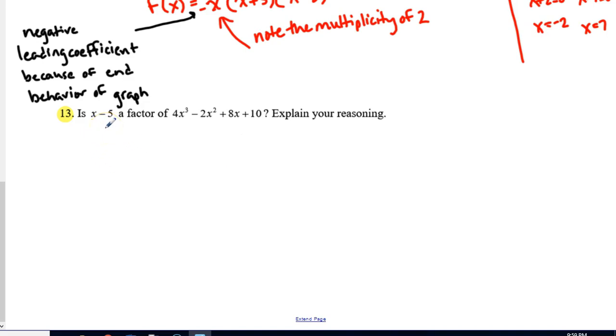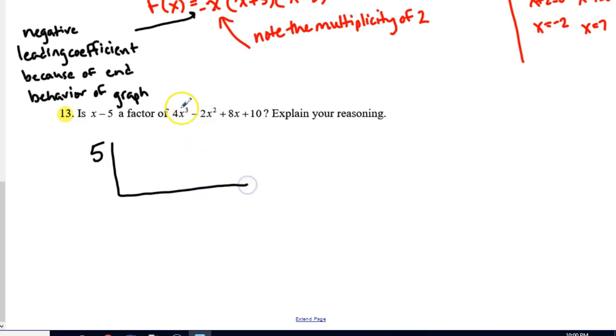You can go back to your notes from last year. I have some videos on it that go through in more detail, but I'm going to show you one example of synthetic division here. So we're going to do x minus 5 and turn that into its opposite. So rather than have a minus 5, I'm going to do just a 5. Okay?